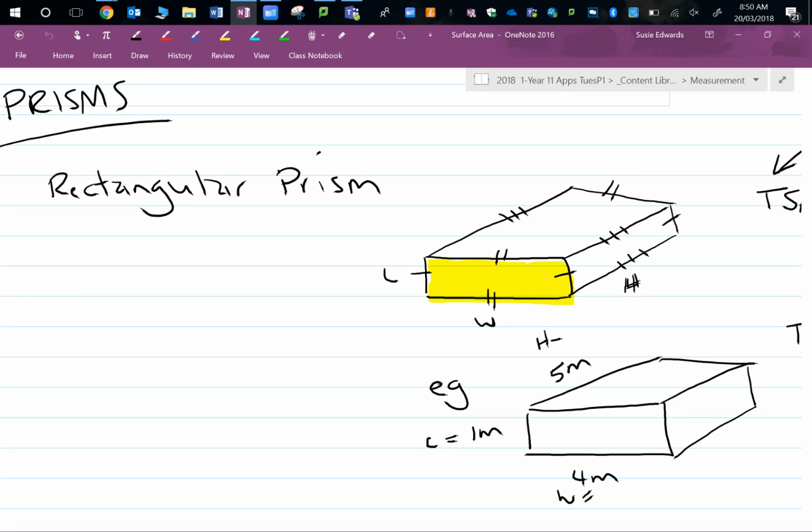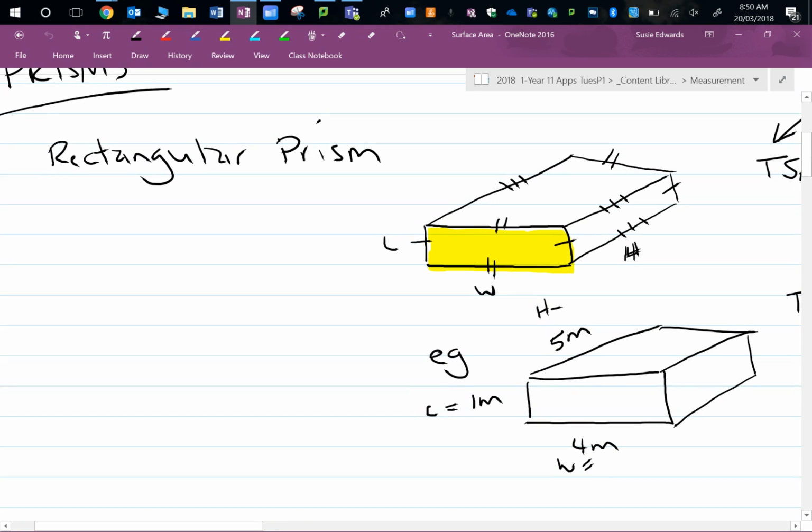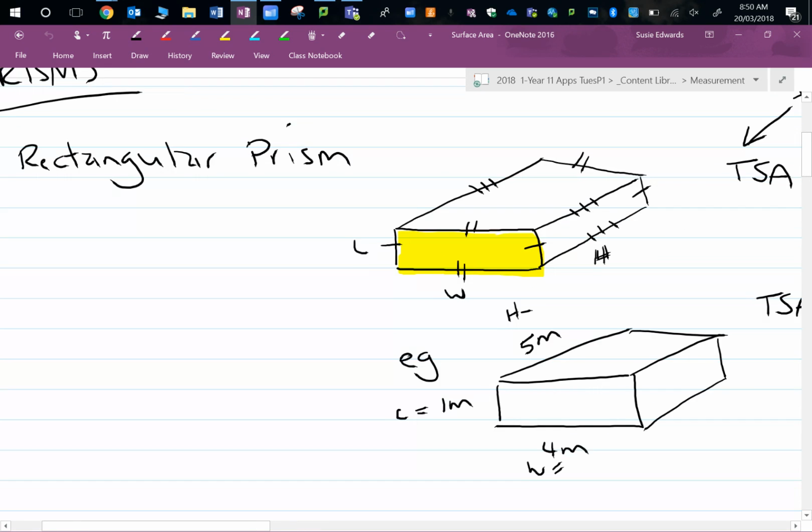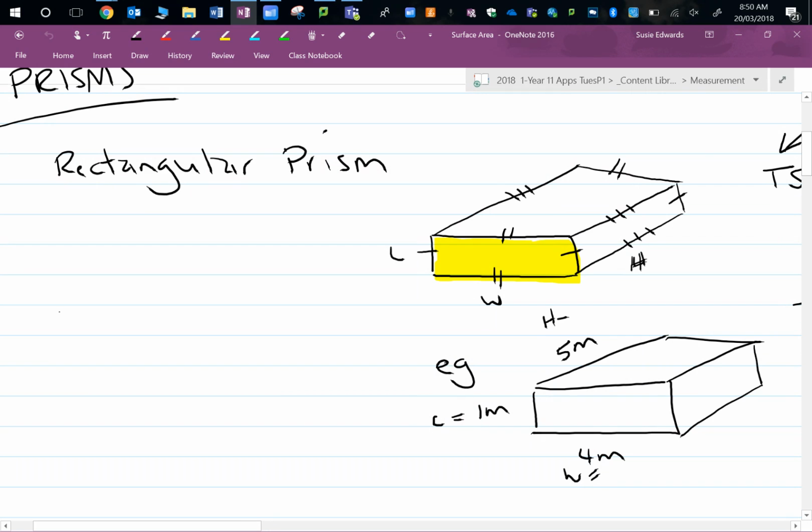Okay, so if we look at our example one, we've got one rectangle which is 1 metre by 4 metres. But we're going to have to times it by 2 because there's 2 of them. Can everyone see that? Then we've got another rectangle. I did warn you at the start, I'm really bad at drawing shapes. I'm sorry, you're just going to have to deal with it.